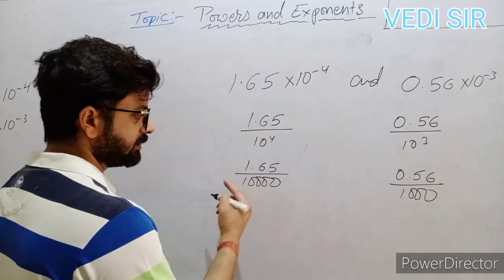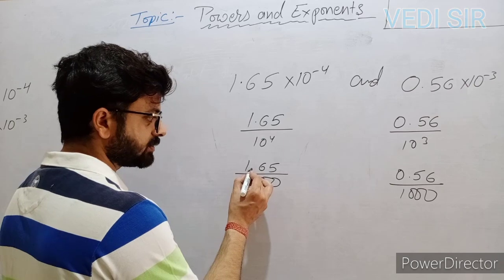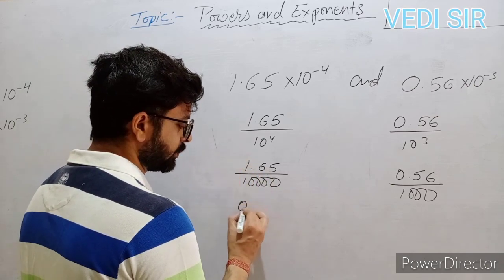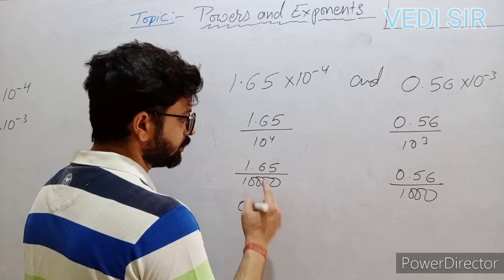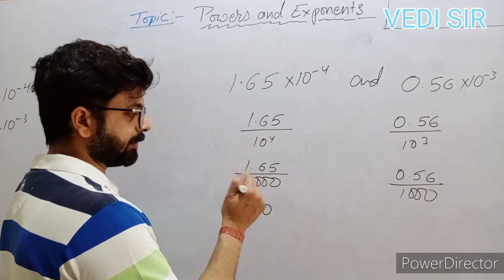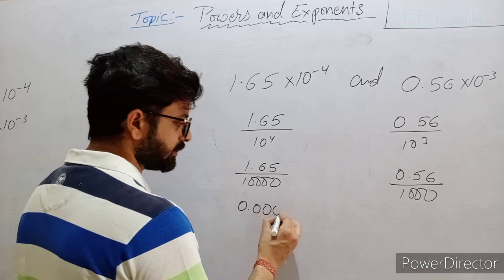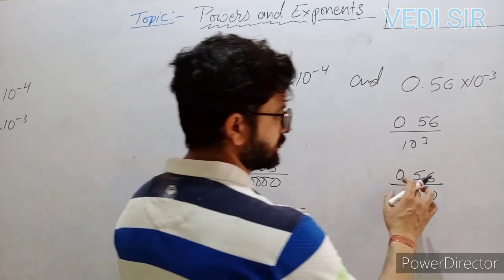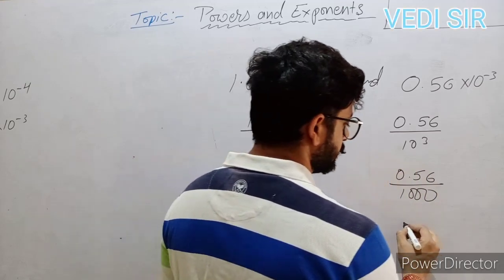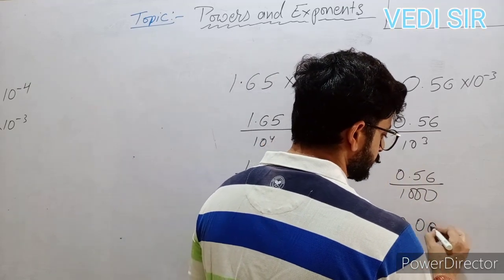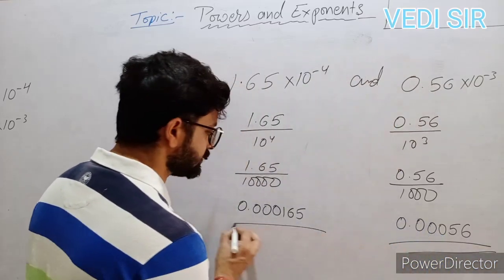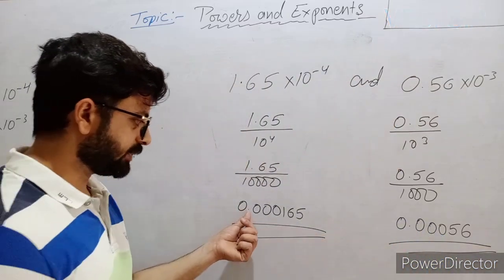Now if I divide, the decimal shifts this side. The first decimal shifts 4 times, giving 0.000165, and the second shifts 3 times only, giving 0.00056.